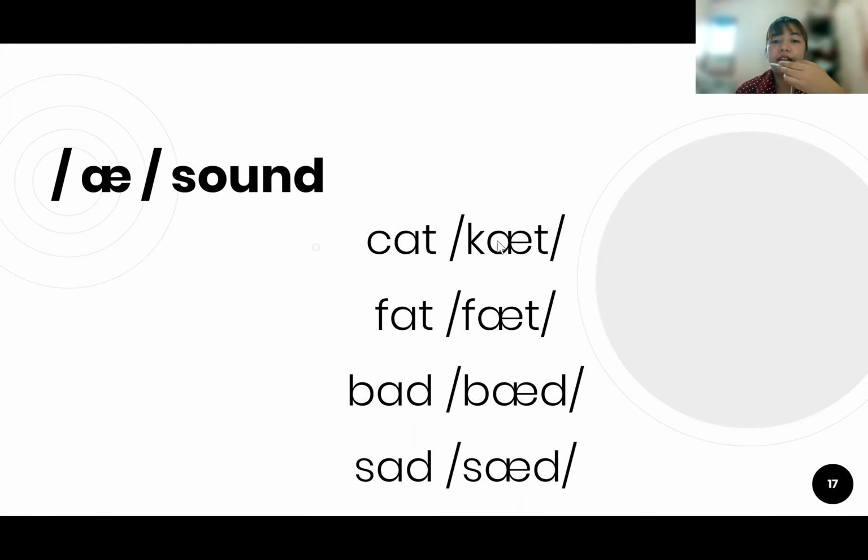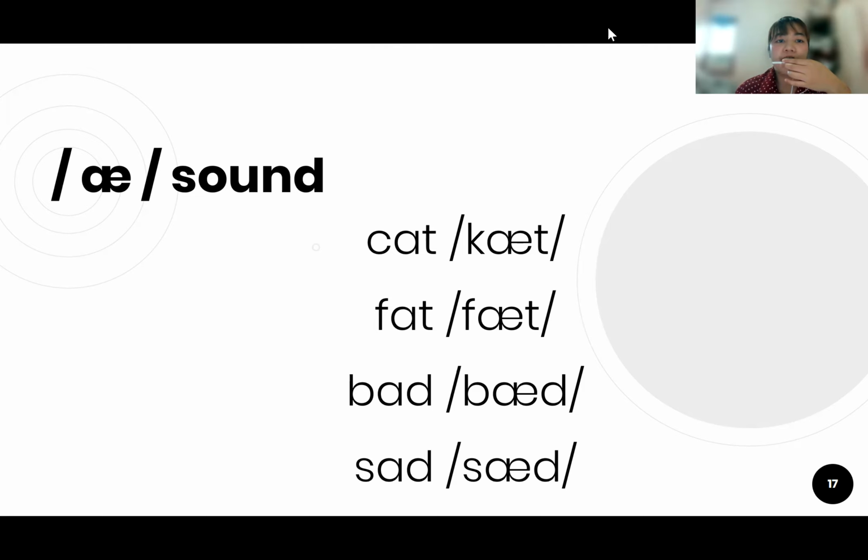So you transcribe the word cat in this way: k, then your digraph sound, and your t. Same with fat, bad, sad. What other words? For example, Batman.